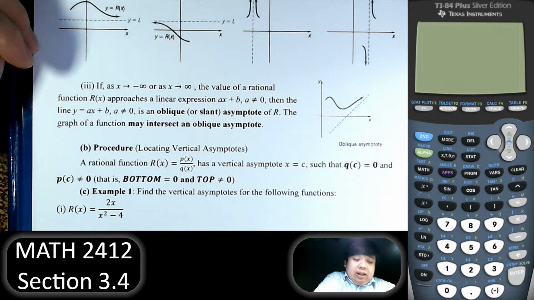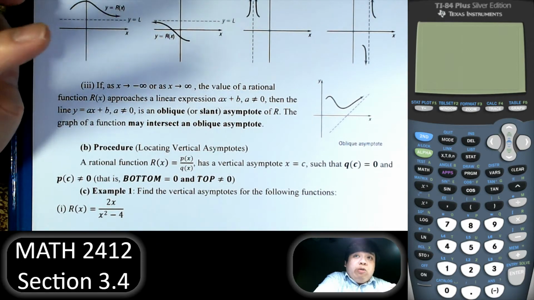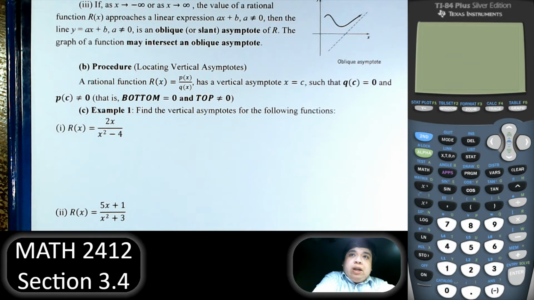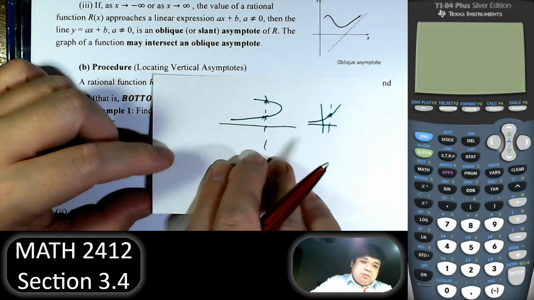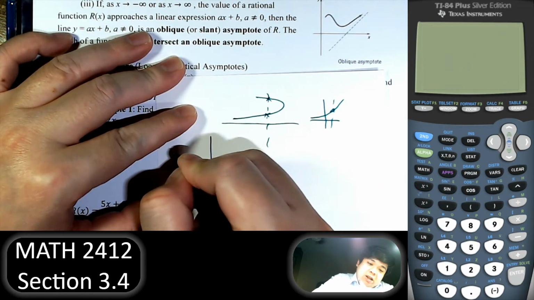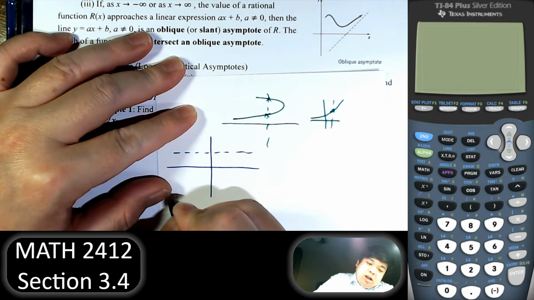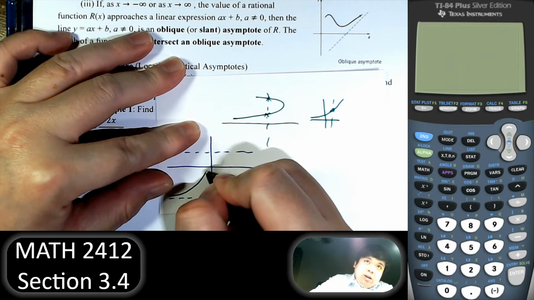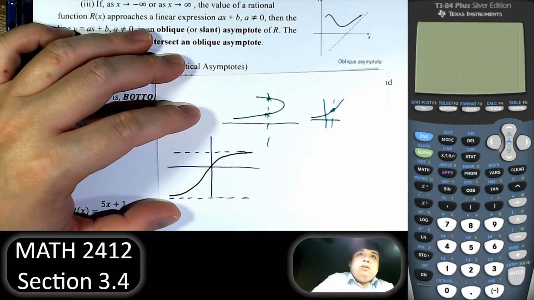If we define a rational function as the ratio of two polynomials, then we only have one horizontal asymptote. If we relax that definition and just say it is a ratio of two functions, then we may have two horizontal asymptotes. Potentially we might have something like this. We have one asymptote on this side and one on the other side, and the function might go like this.